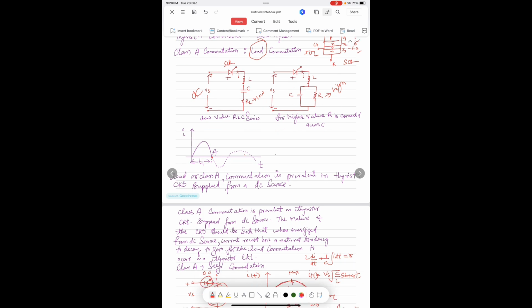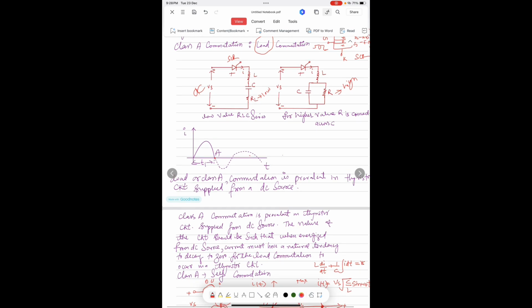The essential requirement for both circuits is that the overall circuit must be underdamped. When these circuits are energized from DC, the current waveform is as shown in the diagram. The current first rises to the maximum value, then it begins to fall and decays to zero and tends to reverse, turning off the thyristor.